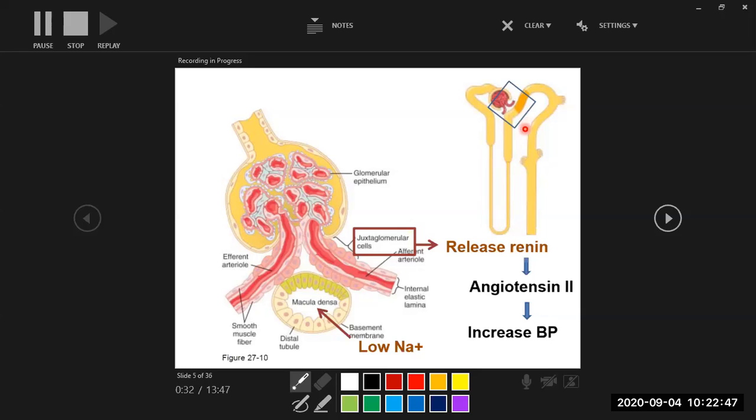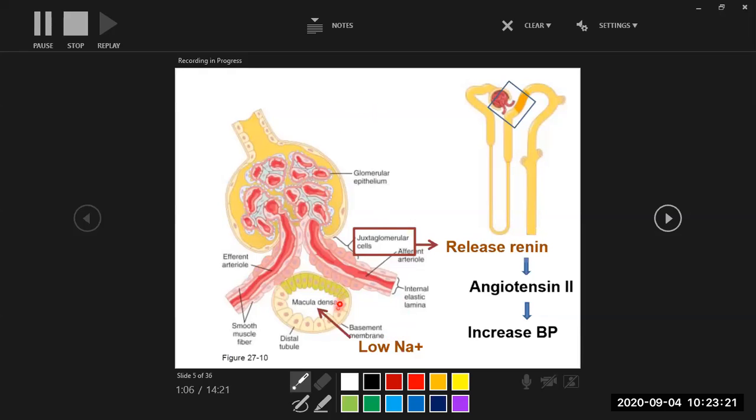If we take a cross section of the early segment of this distal convoluted tubule, as well as the glomerular Bowman space, the renal corpuscle, and we take a transection view of the tubule and also two of these arterioles, we see a picture like this one here.